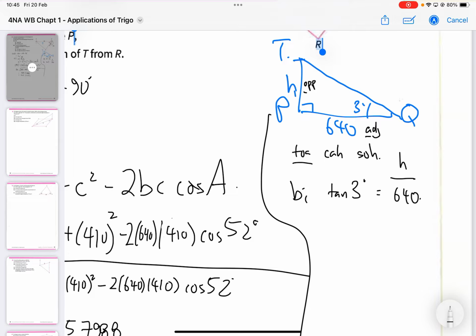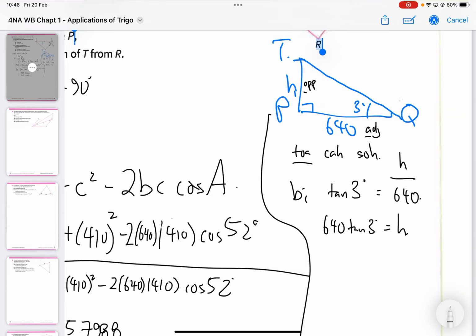Tangent 3 is a number that you key in calculator can find out. So in this equation that I have, what I want to know is h. So if I want to know h, I want to make h the subject. I don't want h to be with this 640. So I multiply 640 to both sides. I will have 640 tangent 3.